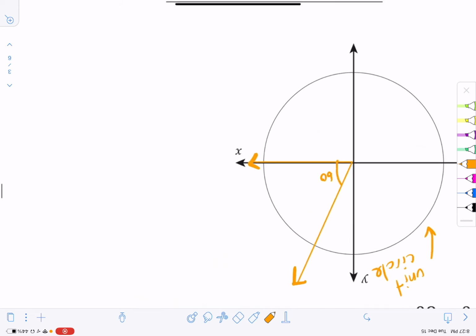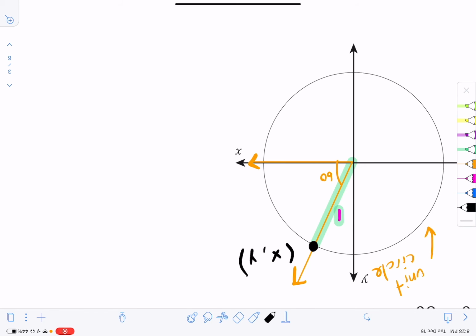Okay, so if that's located at 60 degrees, we know that the radius is 1. We know this length here is equal to 1, but we don't know anything else in order to find the x and y value. So when I say x and y value, I'm talking about this point that intersects the unit circle. We're looking for x and y, but we don't have any other info to do that.